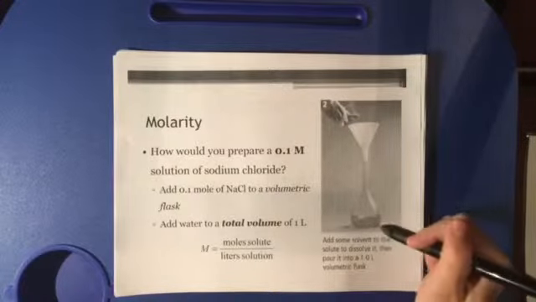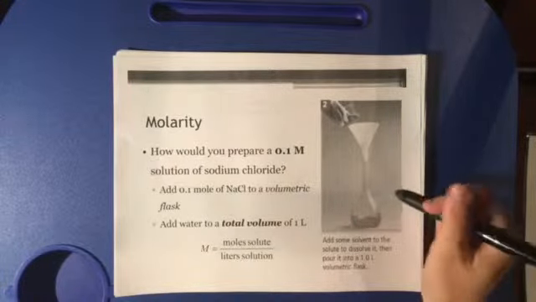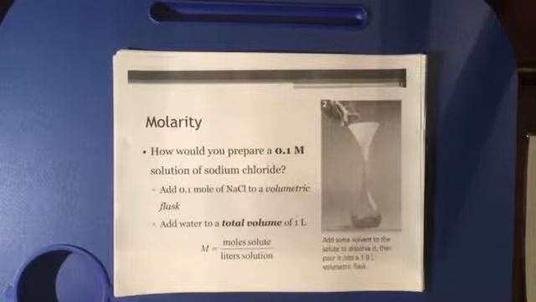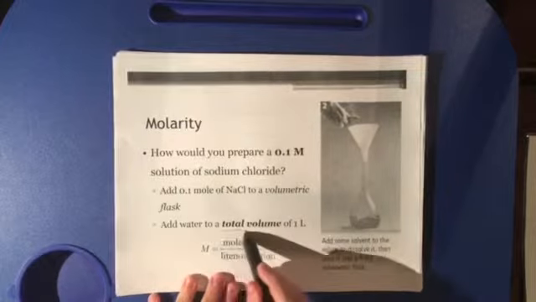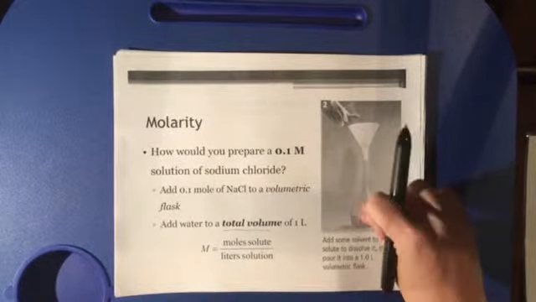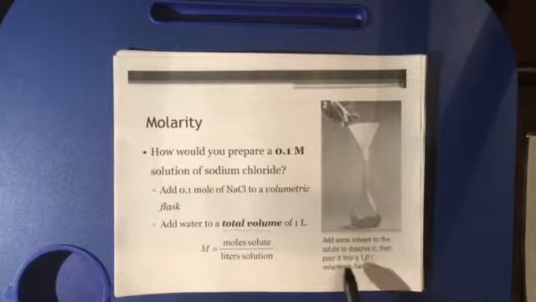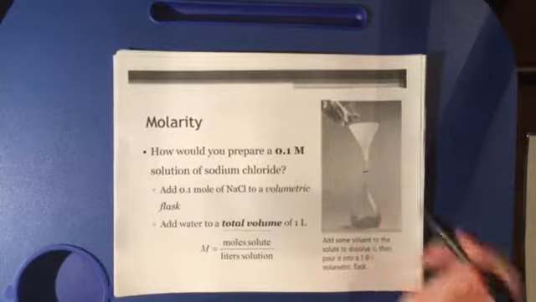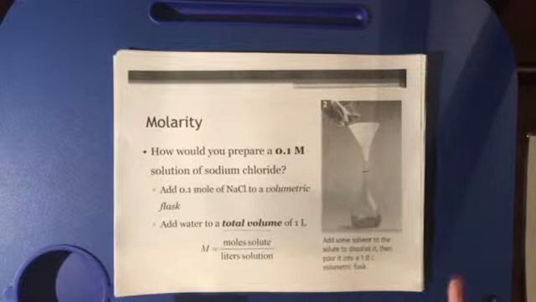You want to put that in first because if you put it in after, then it could increase the volume. So you want to put it in that, and then add water to equal a total volume of 1 liter. So first you're adding the solute, you can add some solvent to dissolve it, and then pour until you get to the line, which would tell you that you got to 1 liter.